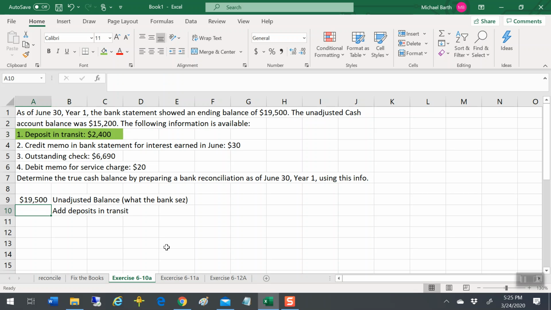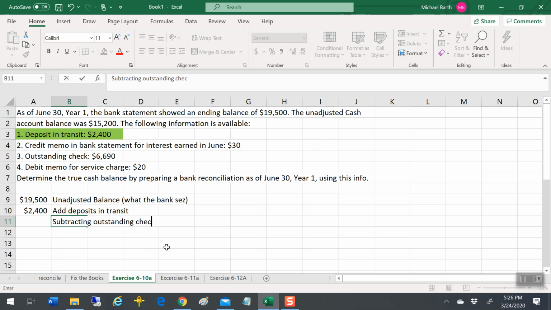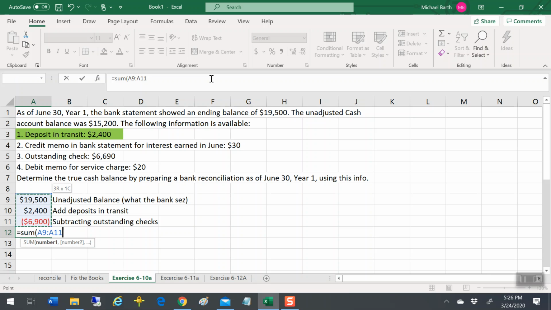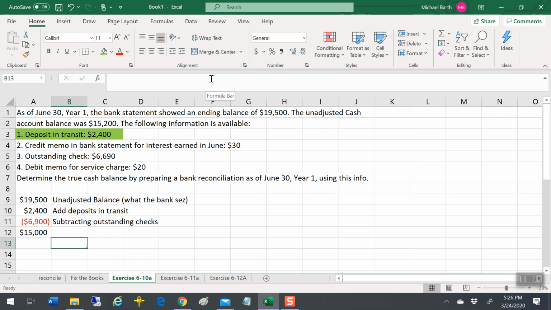So you've made deposits of $2,400 that haven't shown up on the bank statement, and you have also written a check that hadn't cleared the bank. Spell check works when it wants to. All right. So that would be 6,900. So if I sum all that up, that's bank reconciliation, 6690.